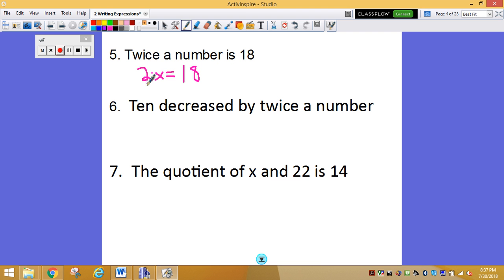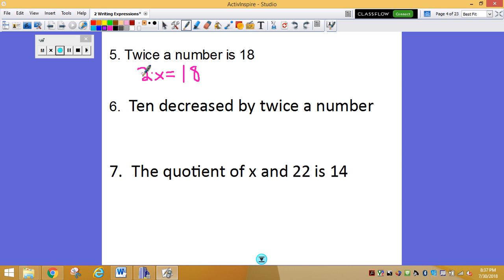Twice means multiply by 2, so I did 2 times. A number, when you don't know what the number is, you put a variable. Is means equals 18. All right, so what I want to do now, I want you to pause it, and I want you to try 6 and 7. So pause it, try 6 and 7, and then we're going to go over it.